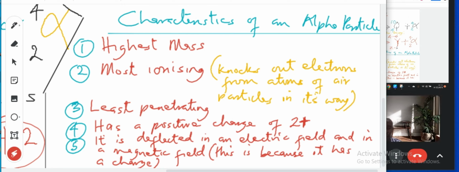It is deflected in an electric field and in a magnetic field. This is because it has a charge. There are other characteristics, but I think we just work with this. All right, that's about an alpha particle.